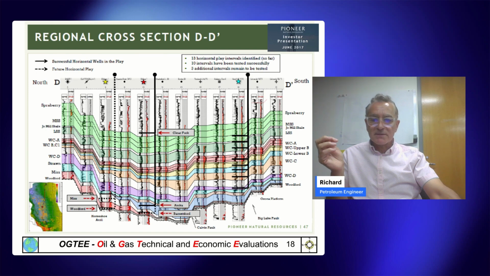For all intents and purposes, the Barnett, the Woodford, the Mississippian, and the Atoka had just been tested. And this is basically an outline of the various geologic targets that make up those 13 targets that Pioneer had geologically identified and tested, all of them except for 3.